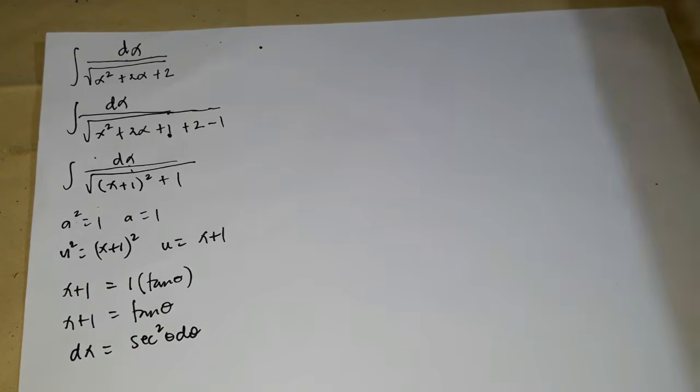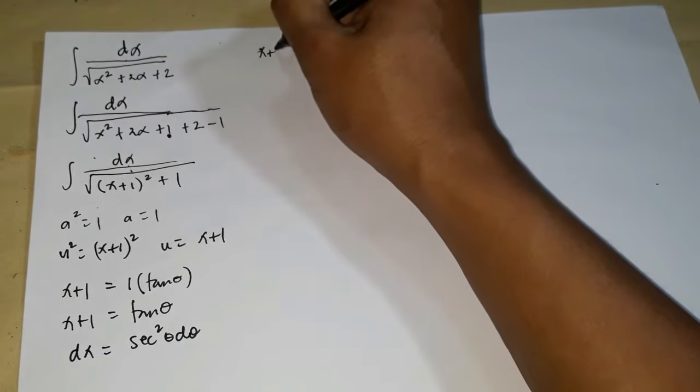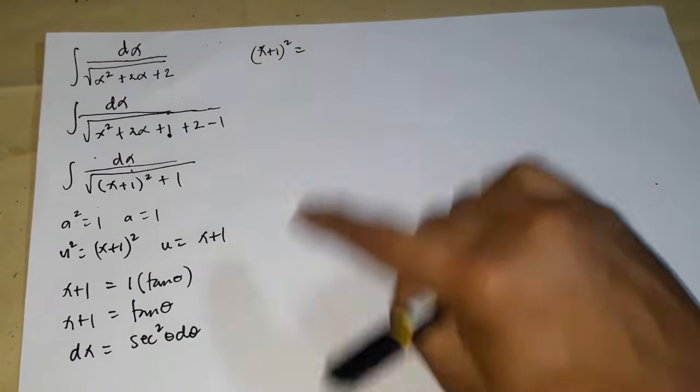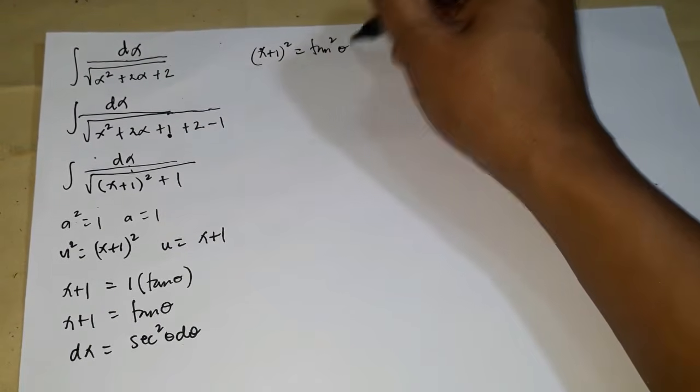Okay, and then you also need x plus 1 squared. So x plus 1 squared is equal to tangent squared theta.